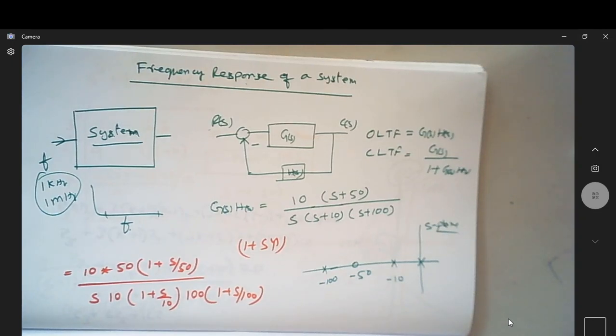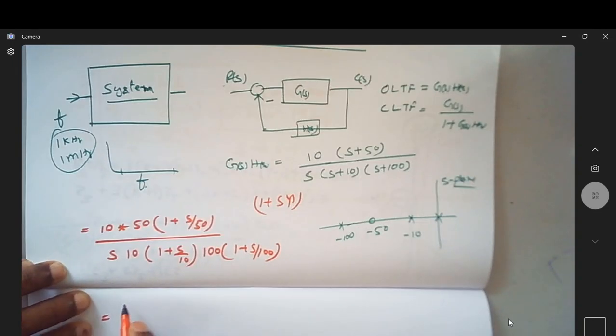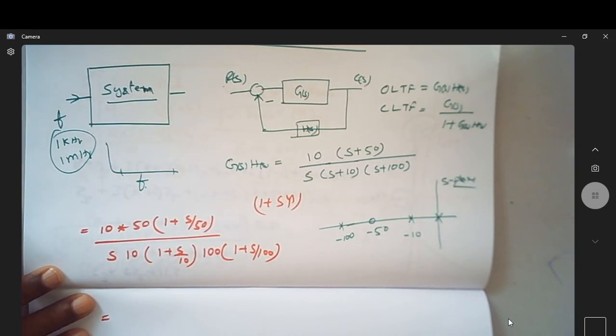Now you just put it like this. So it is now 500 divided by 10 into 100, so that is 0.5.